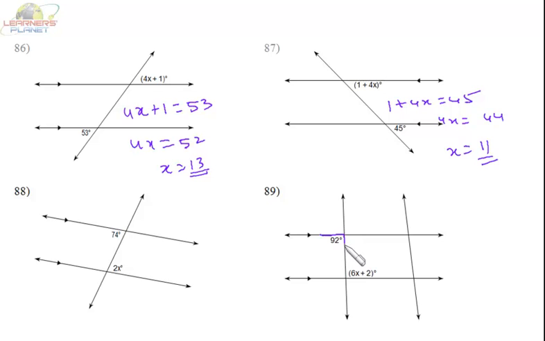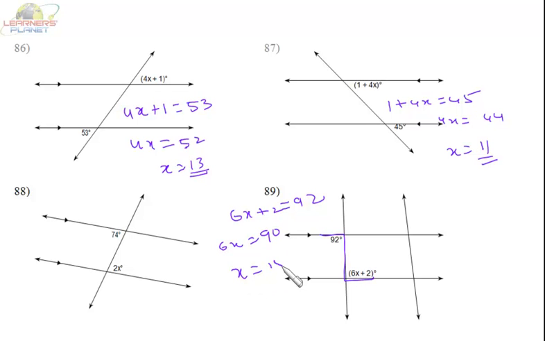Here we see a shape of Z. So both of them are alternate interior angles, and further these are two parallel lines and this is a transversal. So both of them will be further equal. Okay. So 6x plus 2 is 92. So 6x is 90.